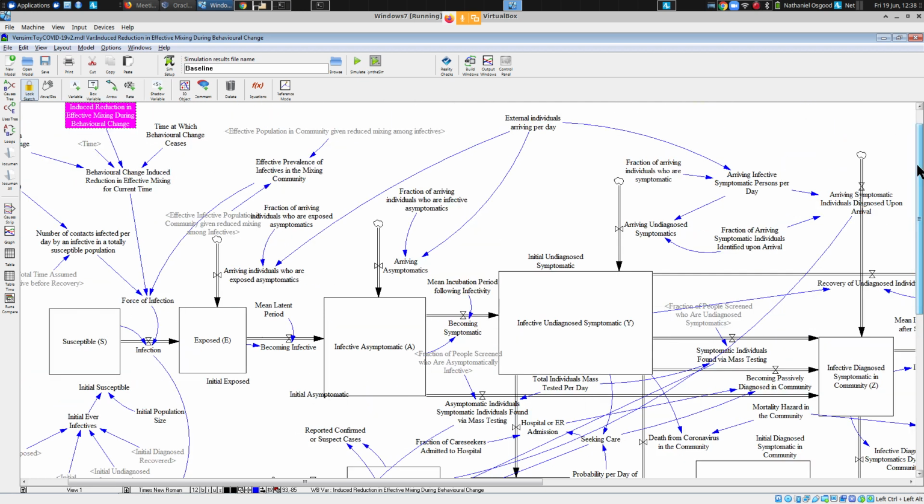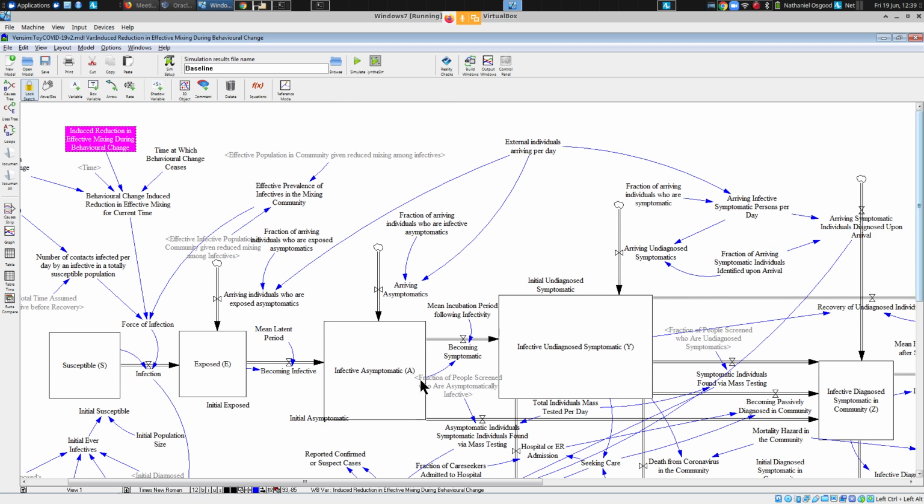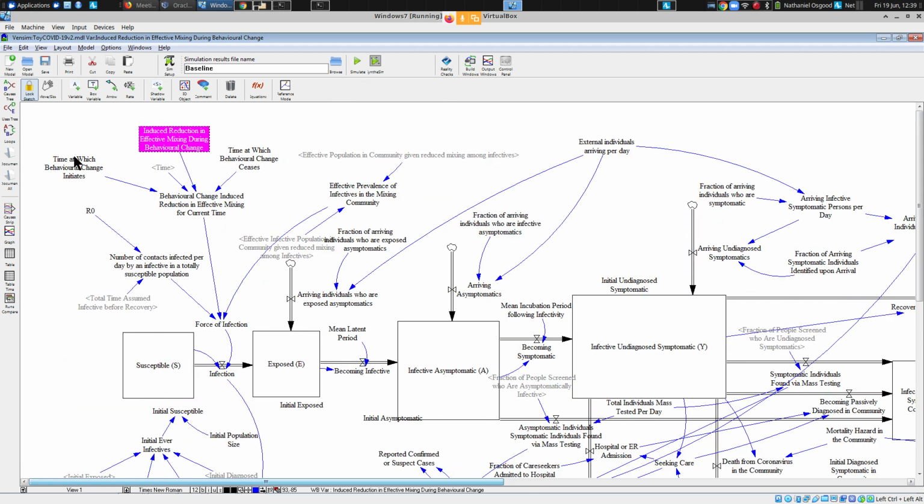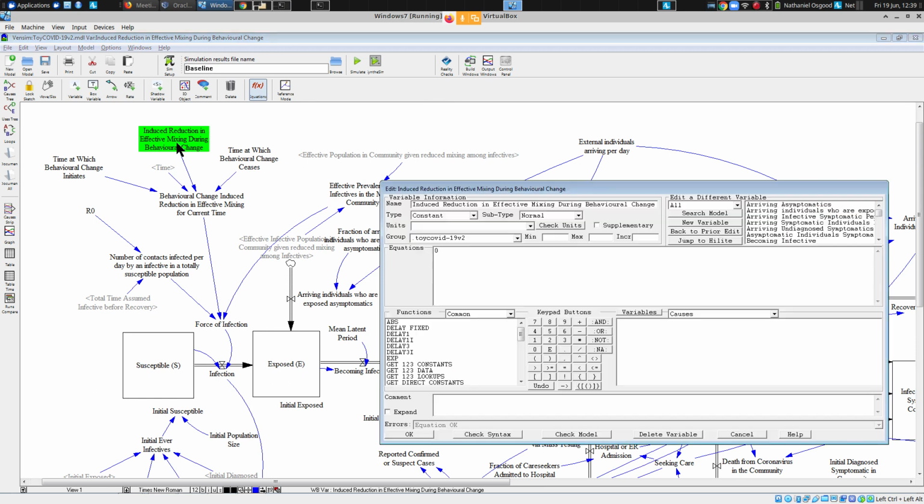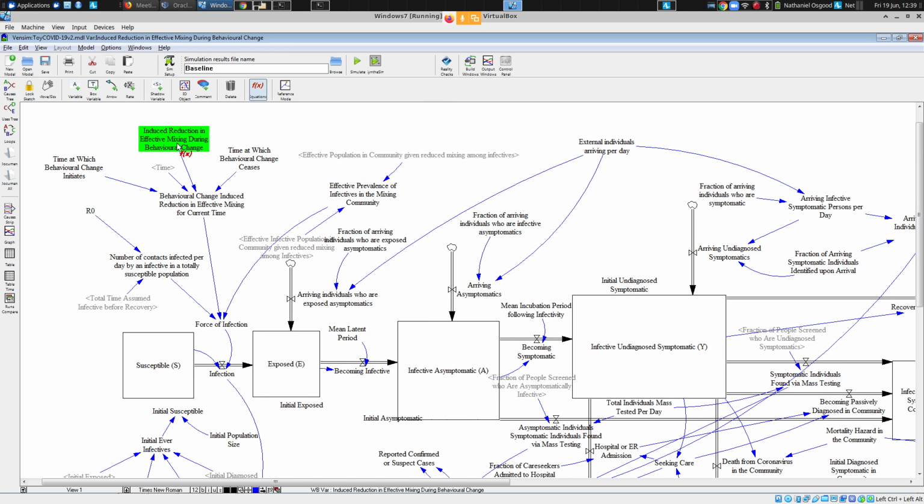And when we're dealing with an intervention type that's fairly broad brush, let's say closing schools, there is an evidence base that we might draw on as to how we might capture or operationalize it in terms of reduction in effective mixing.